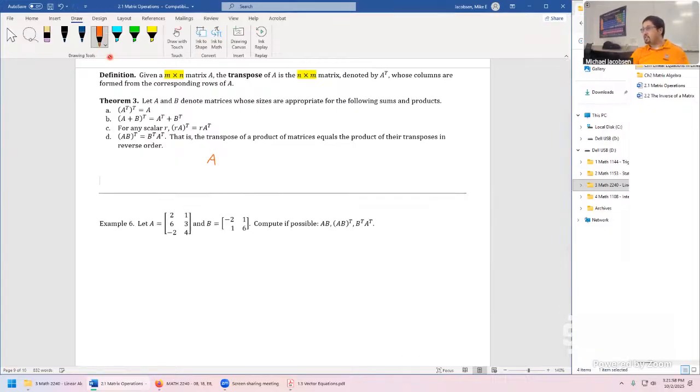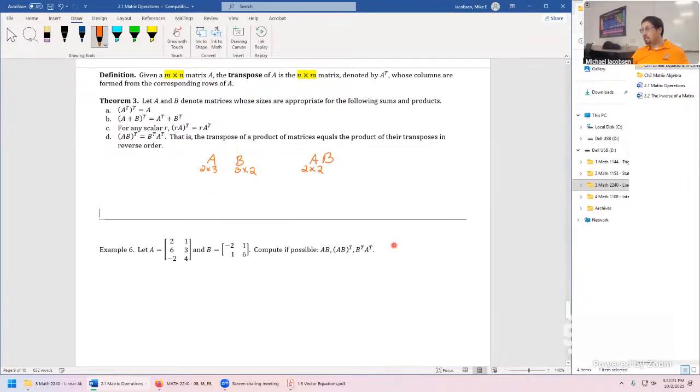If A is of size, let's say 2 by 3, B is of size 3 by 2, then you go to, say, take A times B. This result is going to be of size 2 by 2. Now, if you take a look into A transpose, it's of size 3 by 2. B transpose is of size 2 by 3.